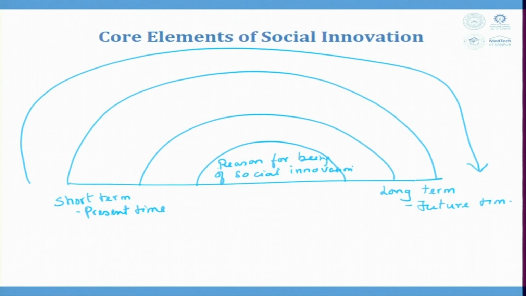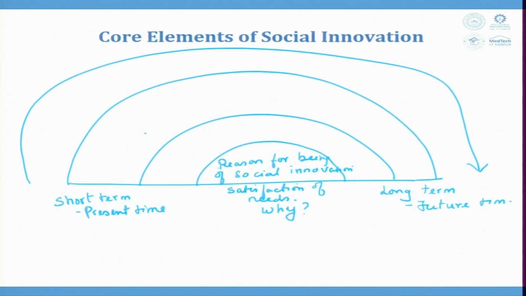And here we have satisfaction of needs, and then you will ask a question, why are people doing this or why are we suffering. So, the reason for being of social innovation is to satisfy the needs of the customers. That is the why part of it.